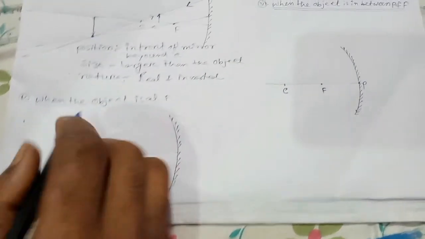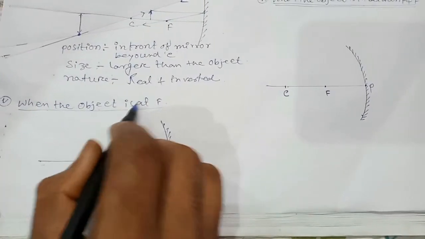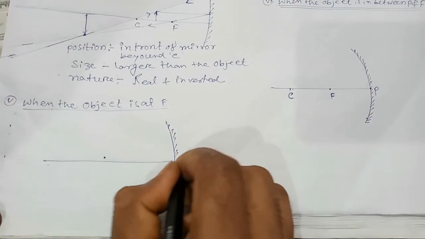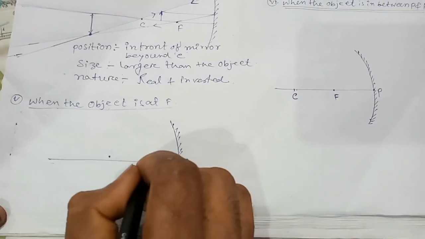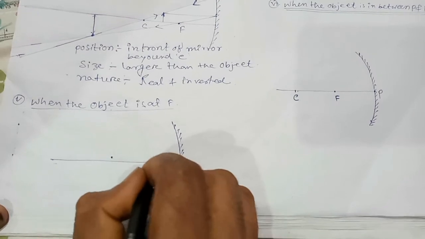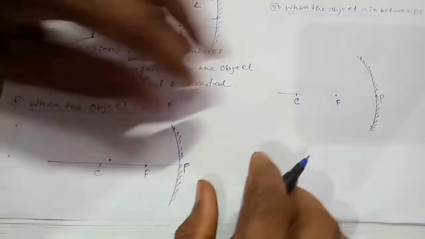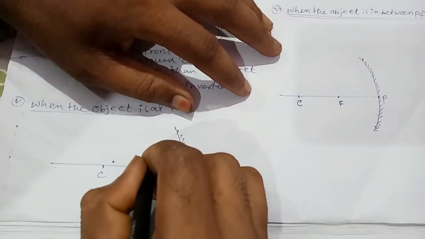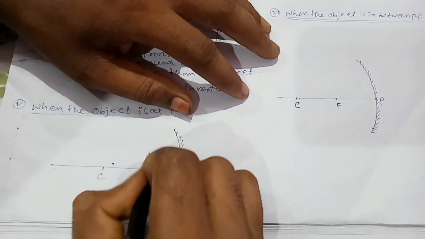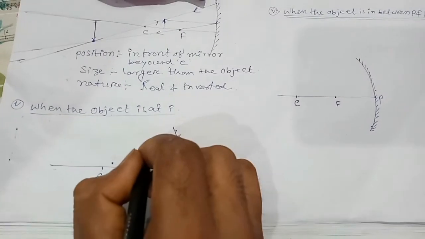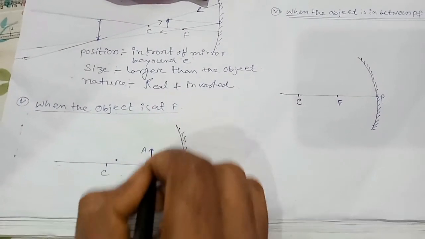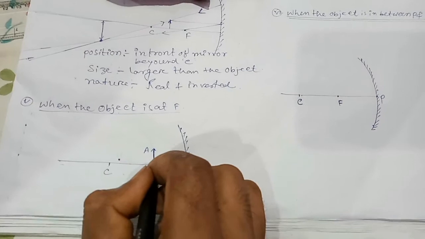Then again, when the object is at F, if we place the object at focus, let's see where the image will form. Say AB is our object.